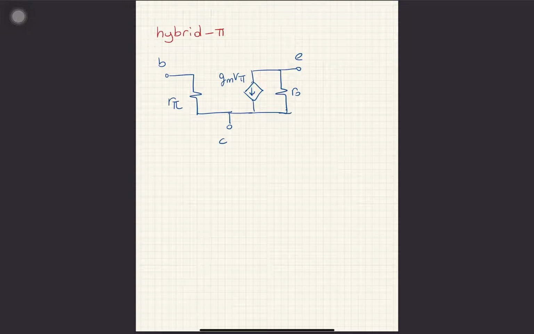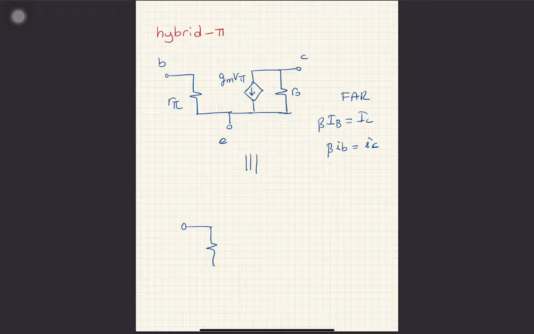And I know that this thing is in forward active. I know that I base times beta is IC, collector and emitter. And this is valid for AC as well. Beta I base is equal to IC. So you can represent the same hybrid pi model as this. It's not going to change anything.